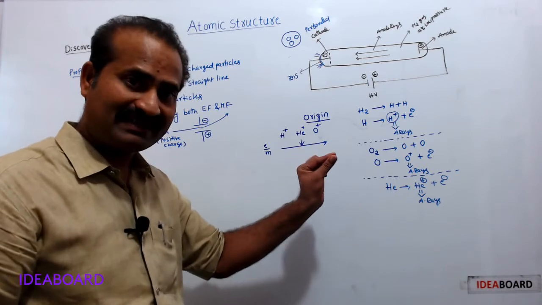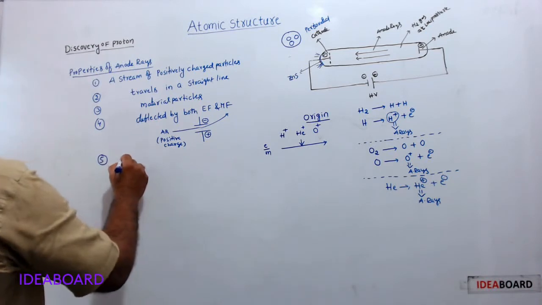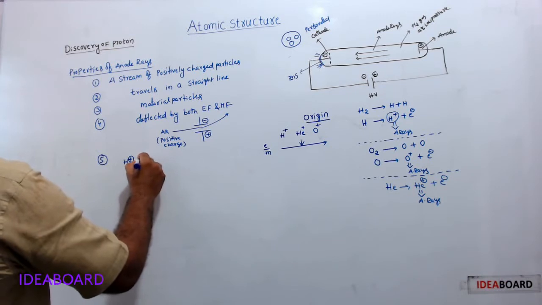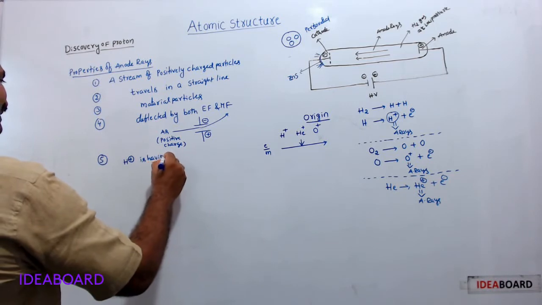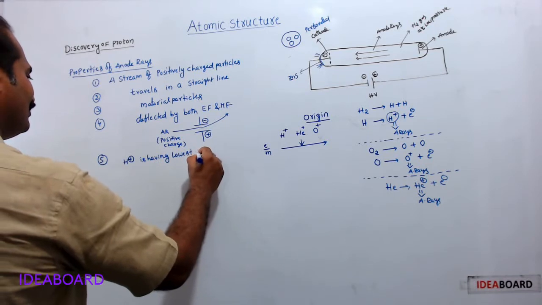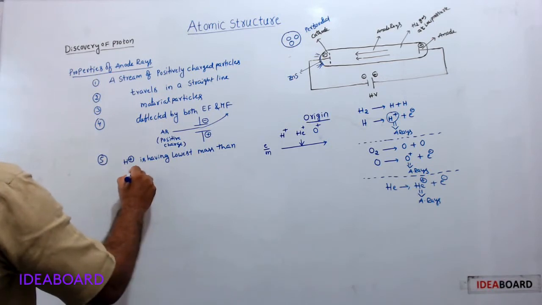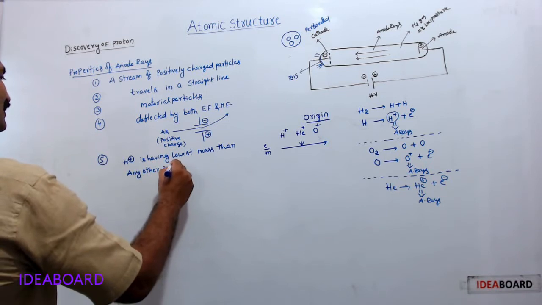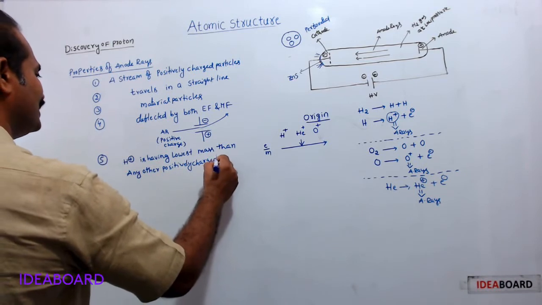So H+ ions are called protons. The H+ ion has the lowest mass of any positively charged particle.